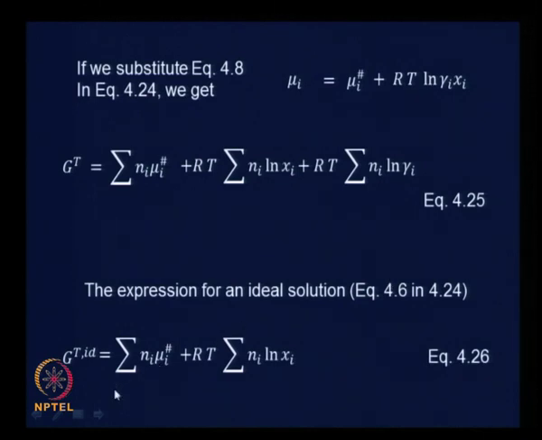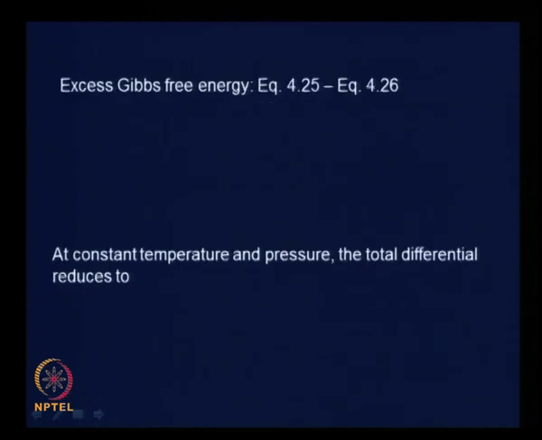As you can see, this term is going to cancel with this term, and so only this term is going to remain for the excess Gibbs free energy. G^TE equals RT the sum over N_i ln gamma_i. Let us call this equation 4.27.